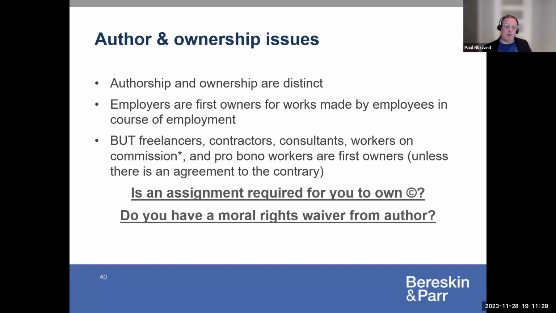If an independent contractor creates a work, they're the first owner. So to cover your bases, make sure that you get an assignment. A license gives someone permission to use the work, but you retain the ownership. An assignment is basically you giving the work and the rights to the property to that other person.